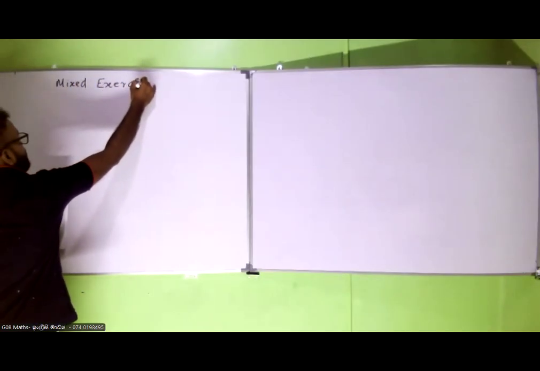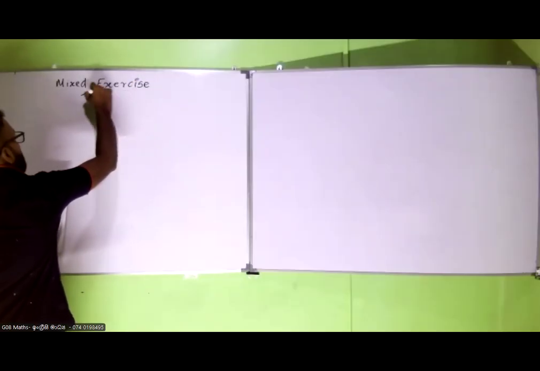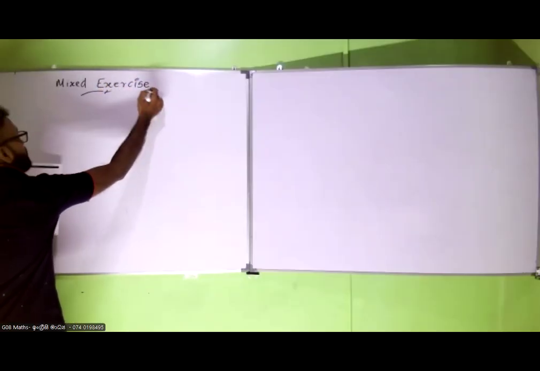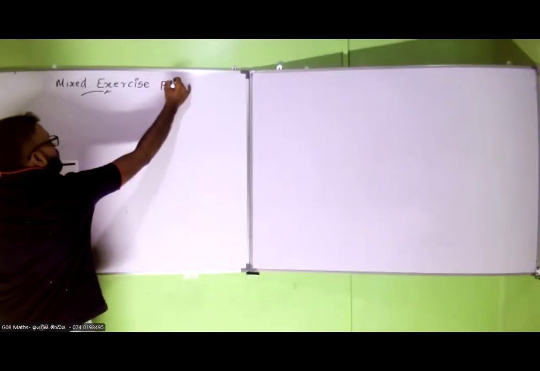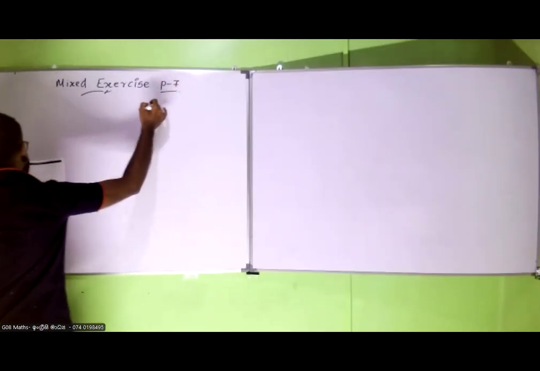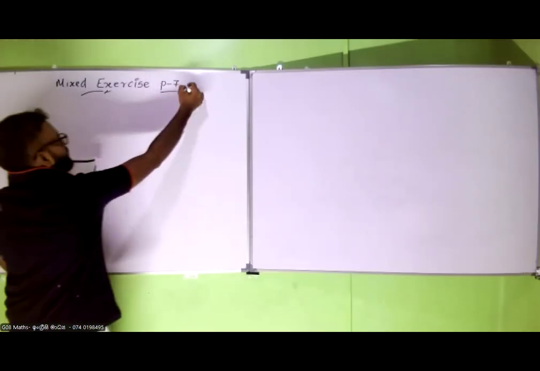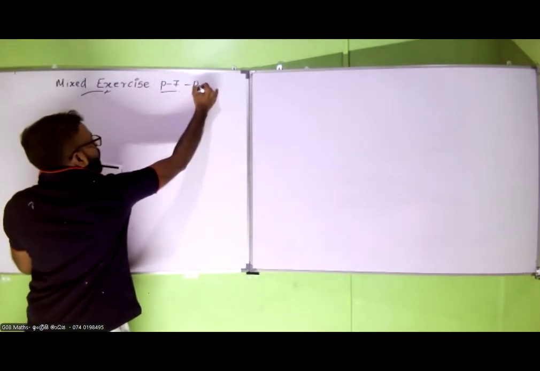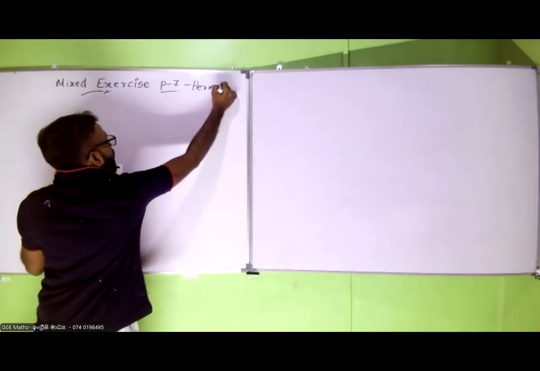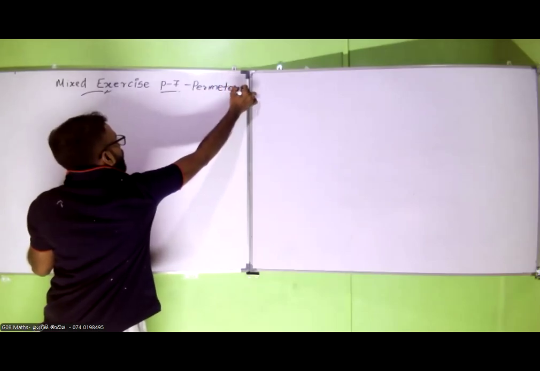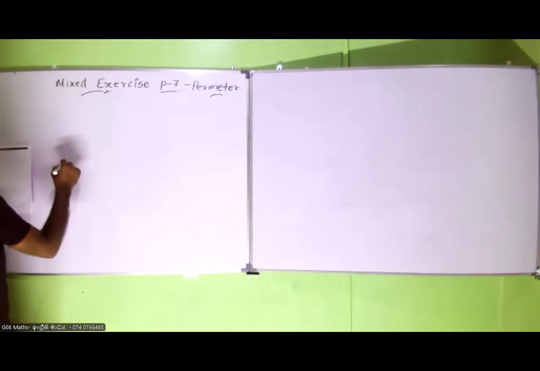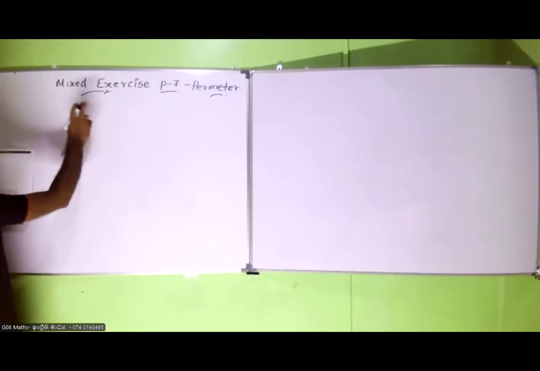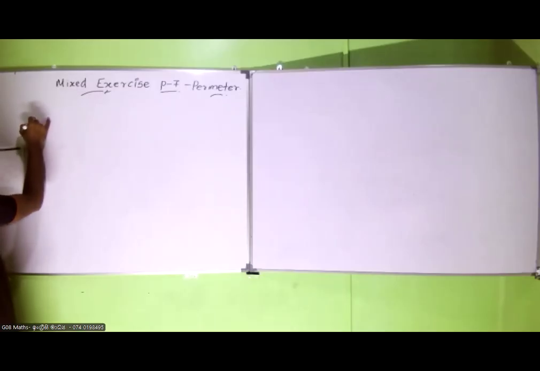Page number 7. This is from the perimeter lesson. Page number 7, fixed exercise, second question.